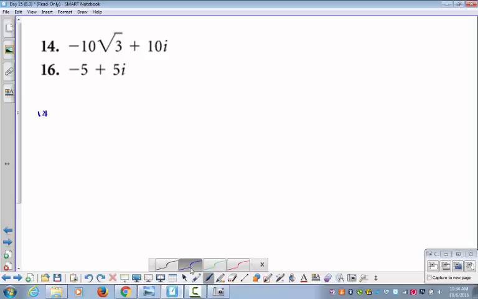So with 14, let's just do it purely algebraically. First, let's identify that A is minus 10 root 3, B is positive 10. So if we're trying to find R, we don't need to think geometry at all if we want. We can just say R squared is A squared plus B squared.